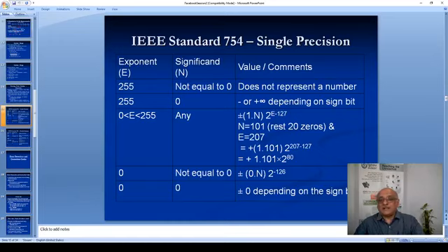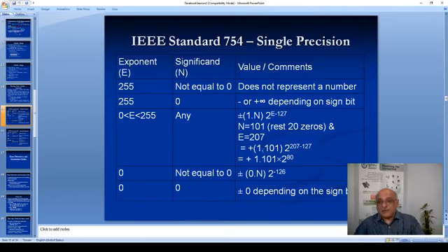My actual number, assuming that the sign is plus, is going to be 1.101, because the mantissa has been represented, right? N is the mantissa which has been represented. So 1 is the implicit one.